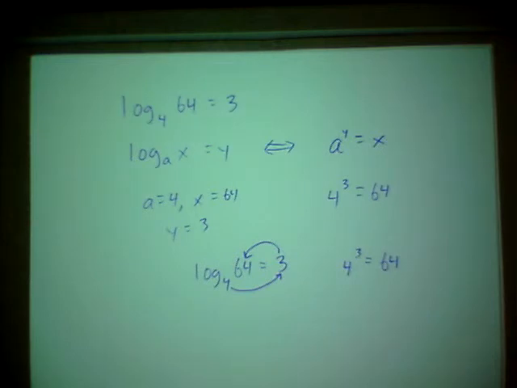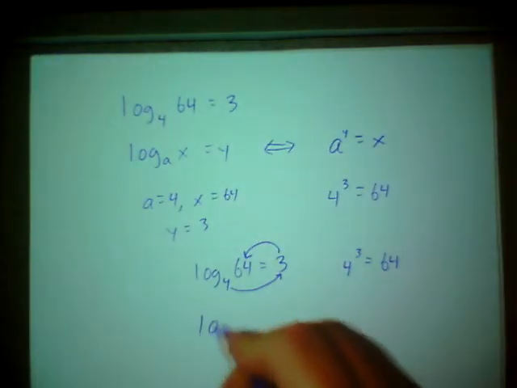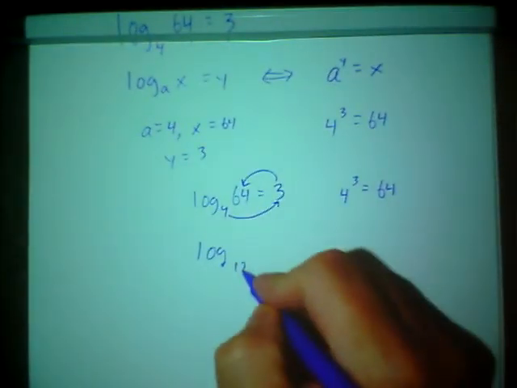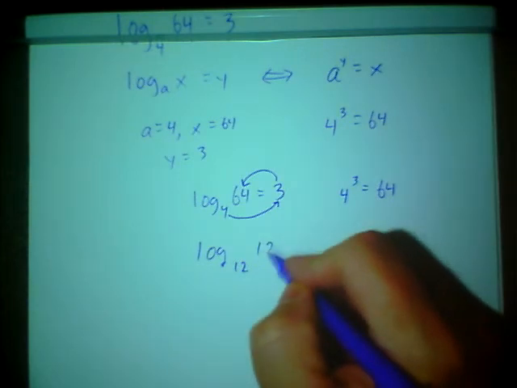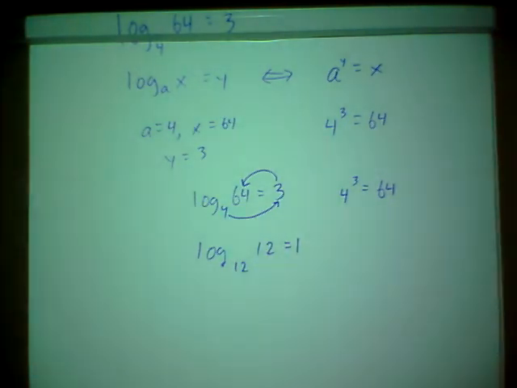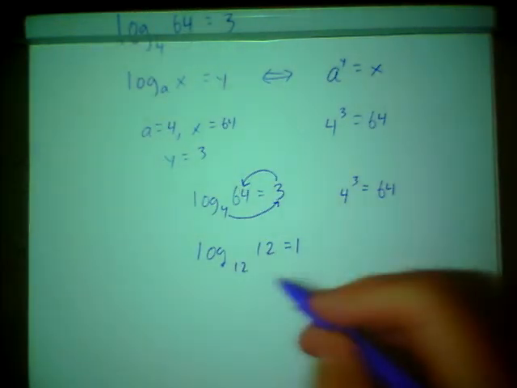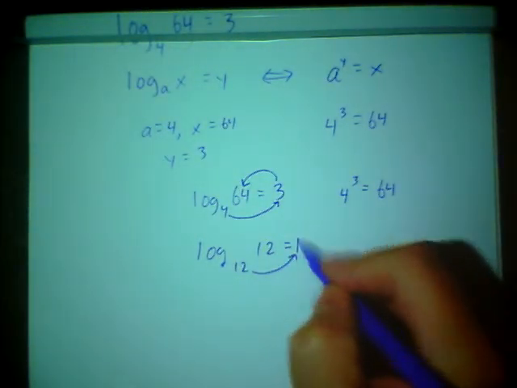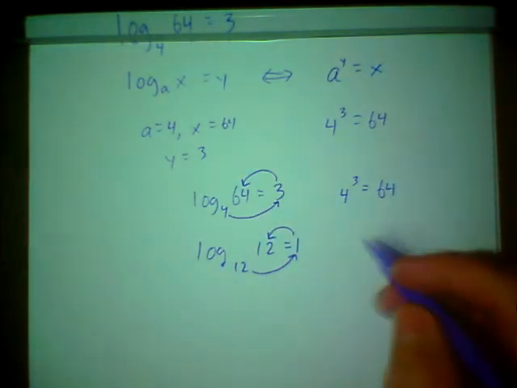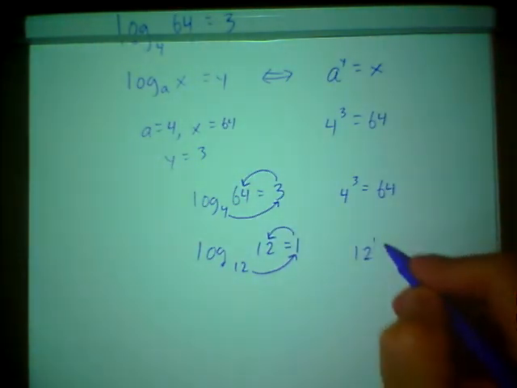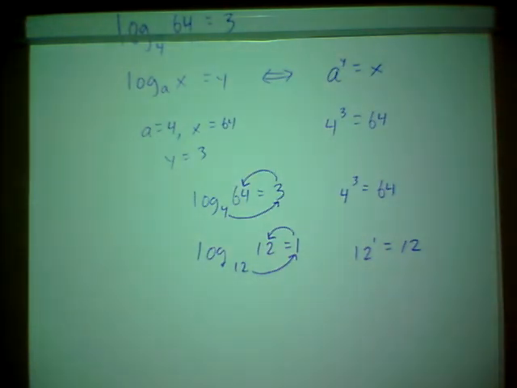All right, I didn't have to go figure out the a, the x, and the y. Let's do a couple more. How about log base 12 of 12 equals 1. I'm just going to use my shortcut to write this in the exponential form. So 12 to the first equals 12.